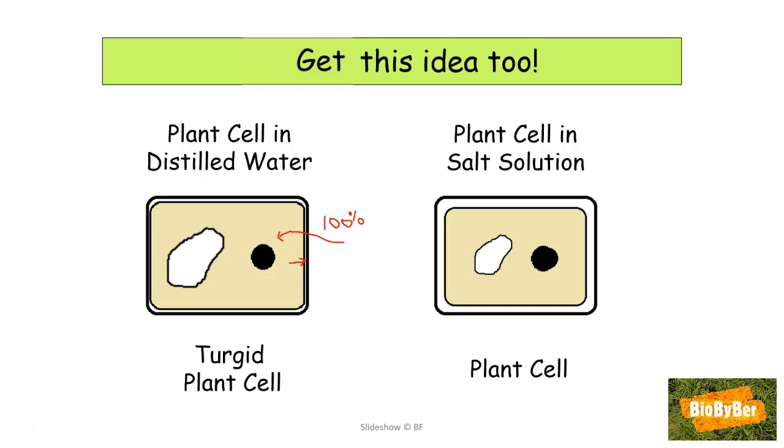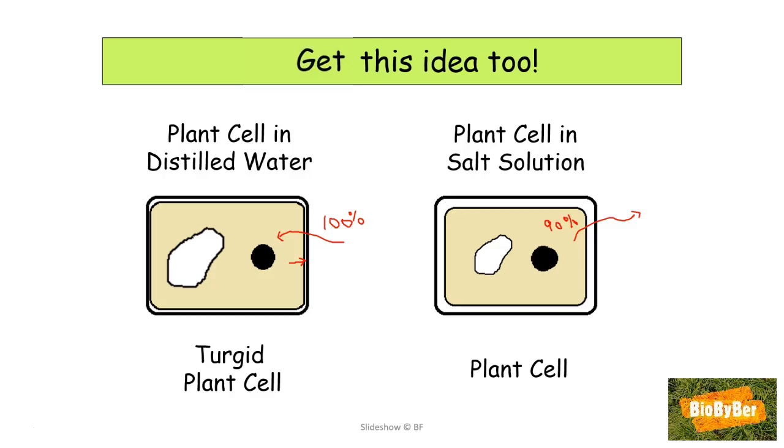What will happen if the plant cell is in a salt solution? Well, what do we need to have here again? We need to have a difference in water concentrations. This time, the water concentration is 90% inside because cytoplasm is 90% water. So the water will move from a region of high water concentration inside to a region of lower water concentration outside across the semi-permeable membrane.